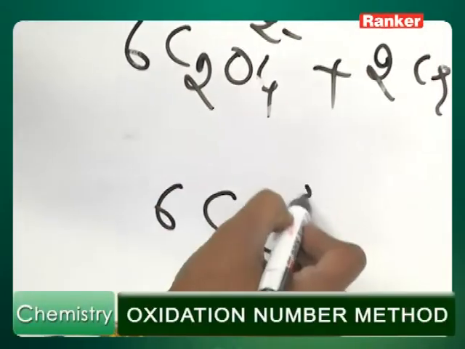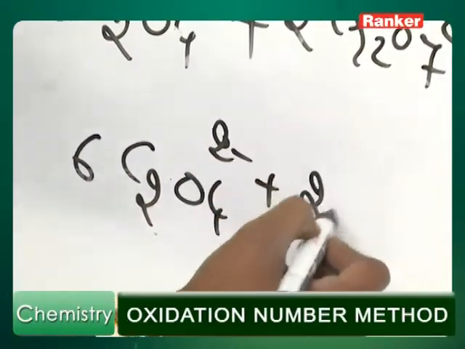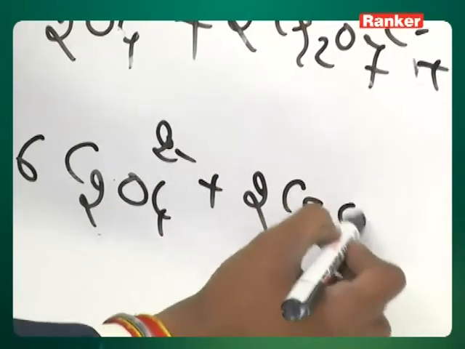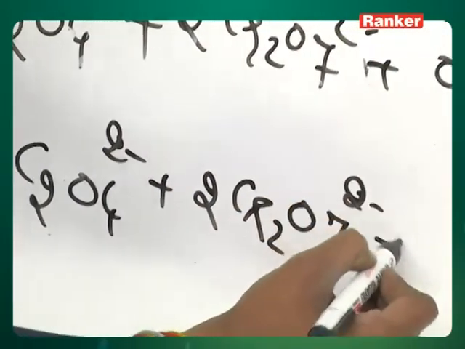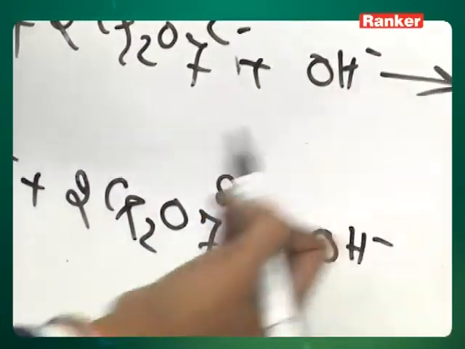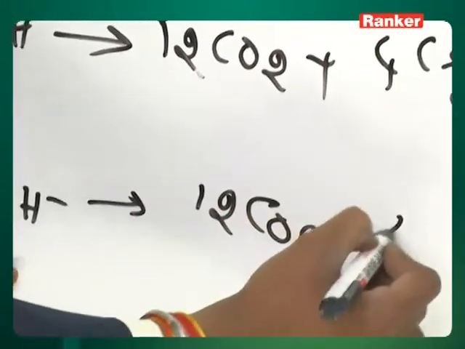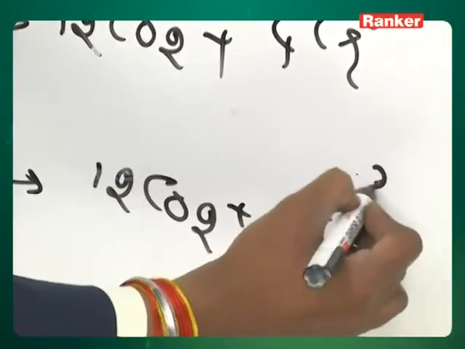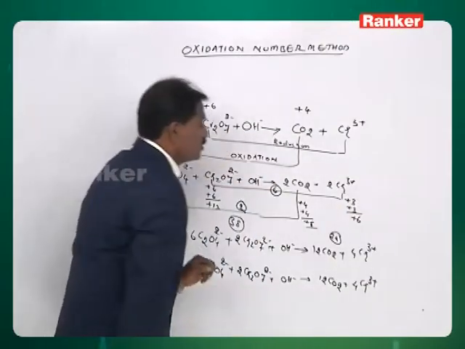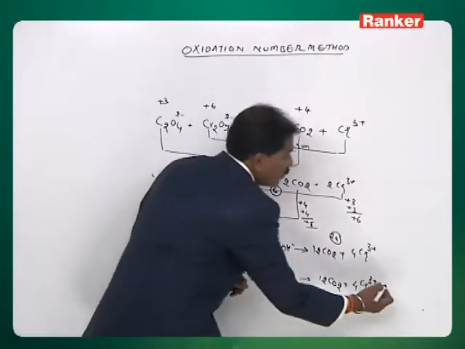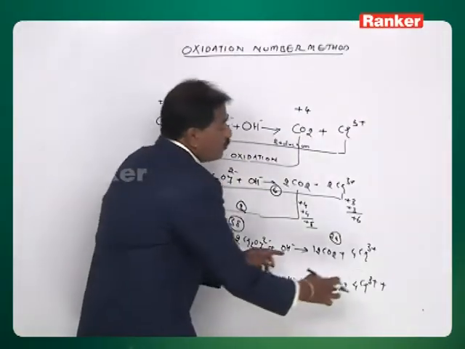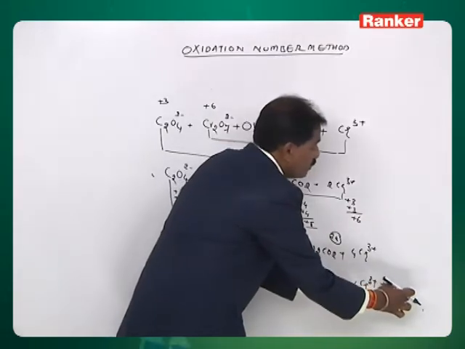6 C2O4 2 minus plus 2 Cr2O7 2 minus plus OH minus gives 12 CO2 plus 4 Cr3 plus. 14 H2O molecules have to be added.